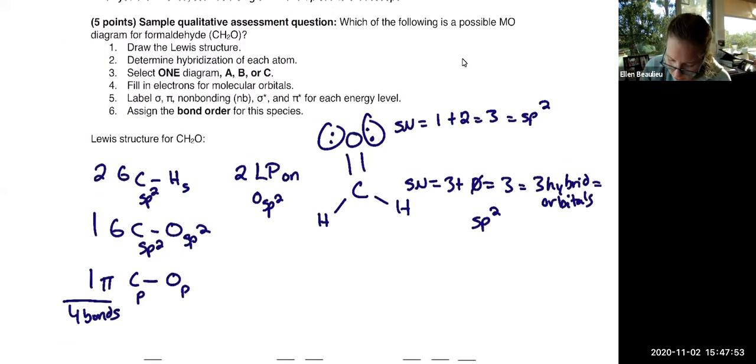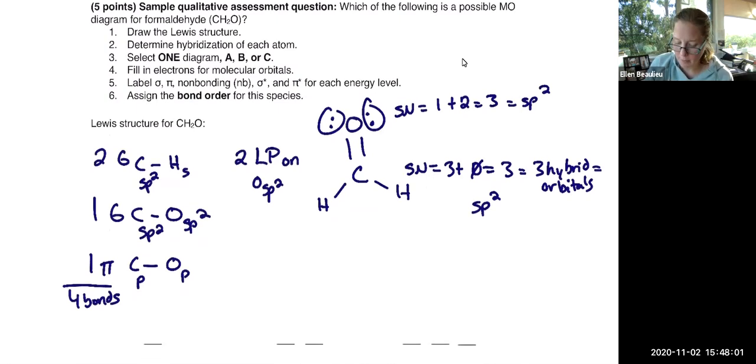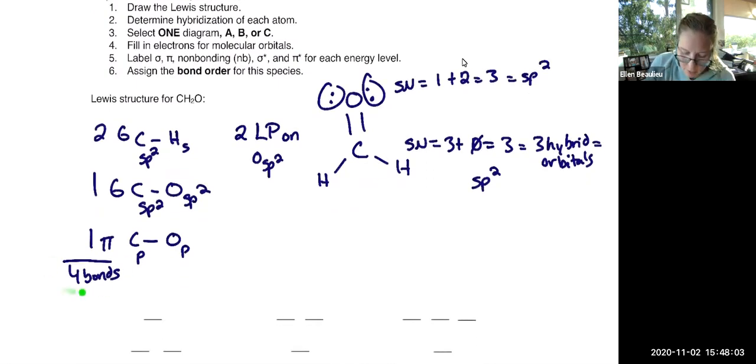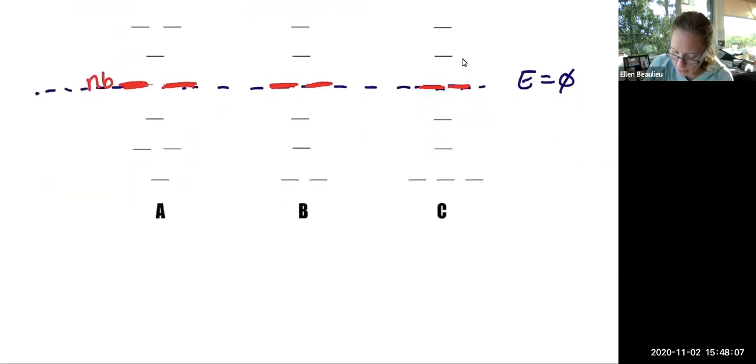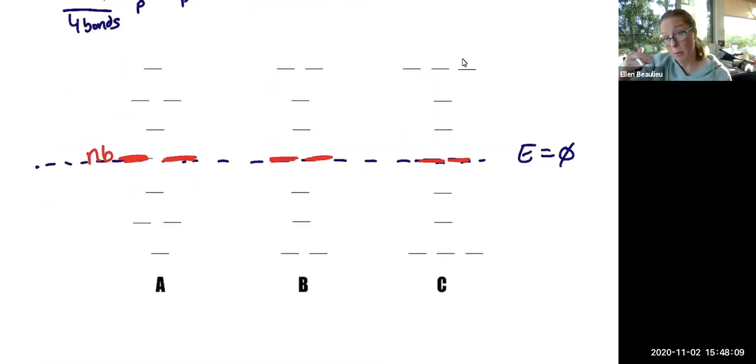Well, this molecule has 2 lone pairs. So that doesn't help me eliminate any of these options. Still, all 3 could be options. Now I have 4 overall bonding interactions. Well, bonding orbitals come below energy level of 0. So for diagram A, I have 4 bonding interactions.